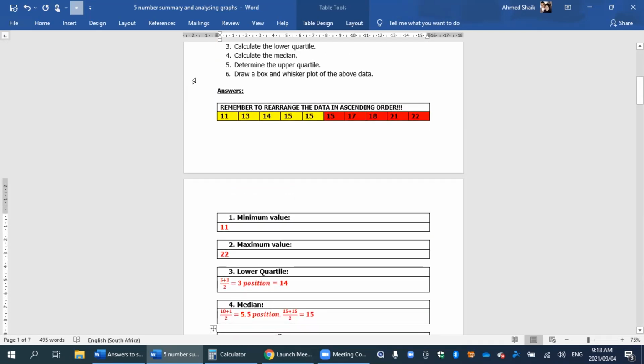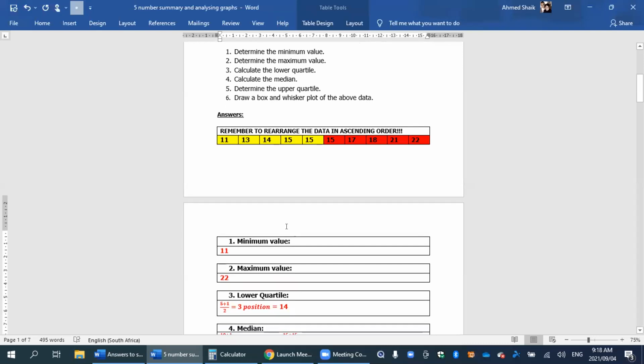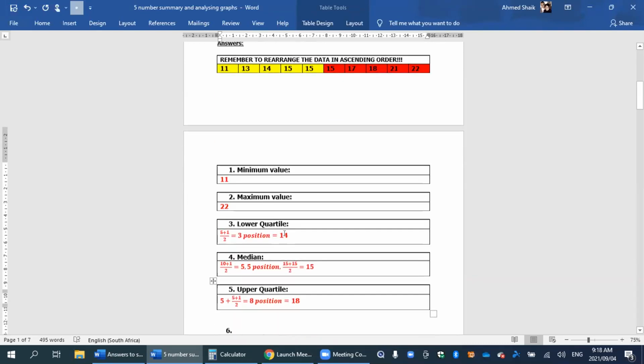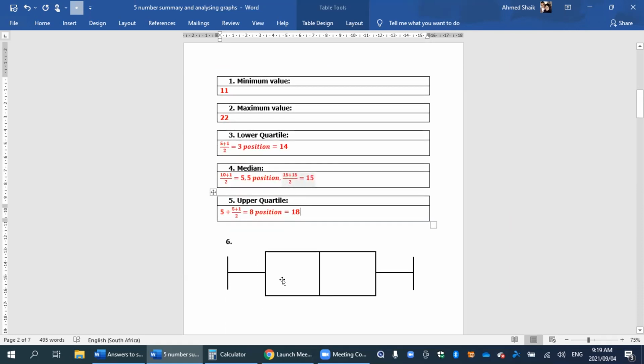Okay, and our last question there is to draw a box and whisker plot of the above data. All we're going to do is take our 5-number summary, which we have already, and input it into our box and whisker. Again, coming back to the box and whisker plot, the first whisker represents the minimum.